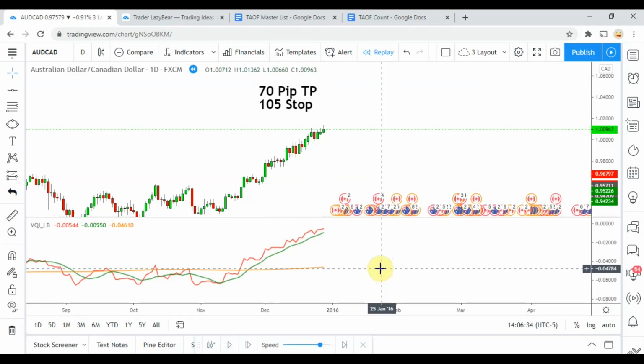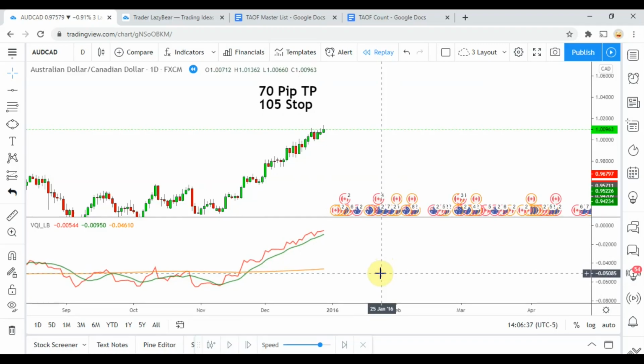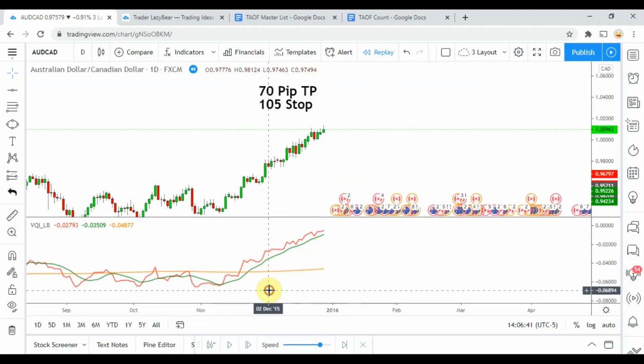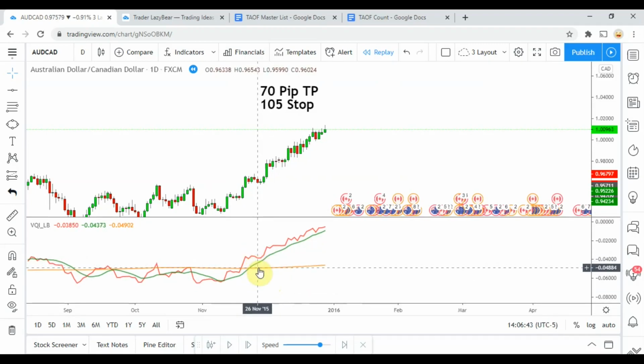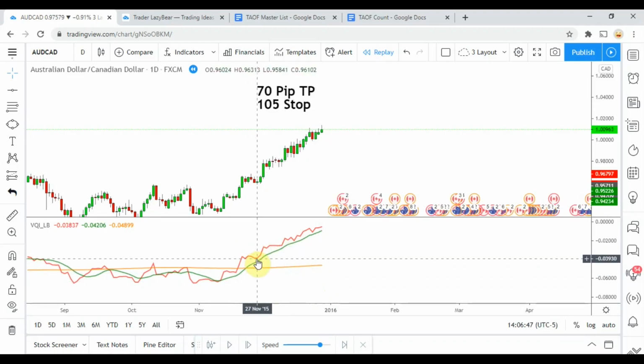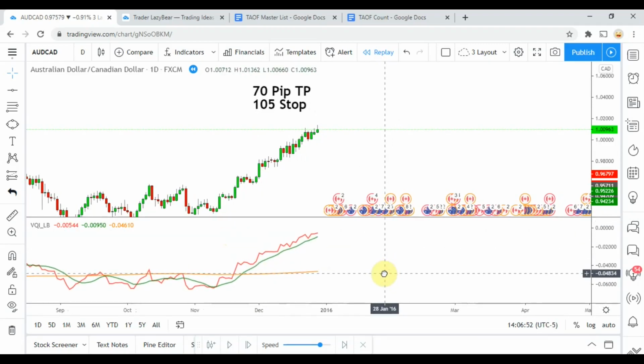And so what we are looking for is the green line and red line to be either above or below the orange line. And then at that point, we are looking for a cross of the red line with the green line.